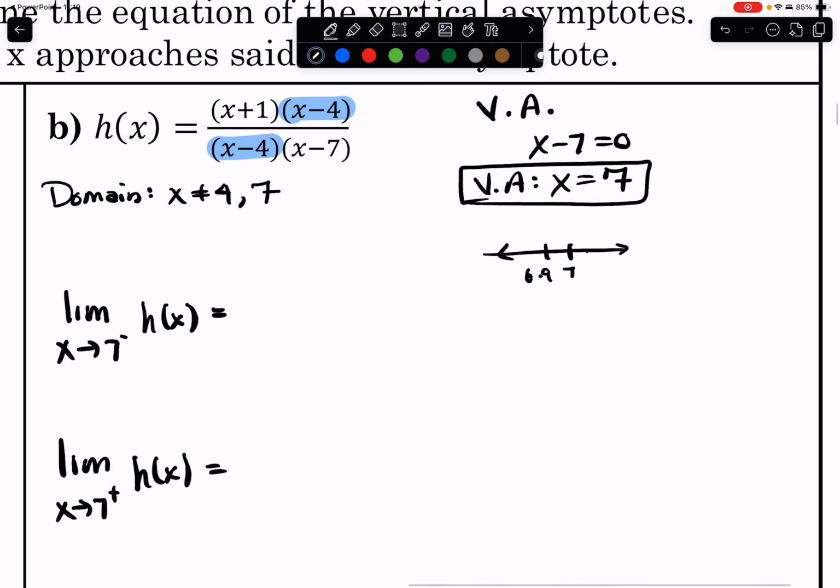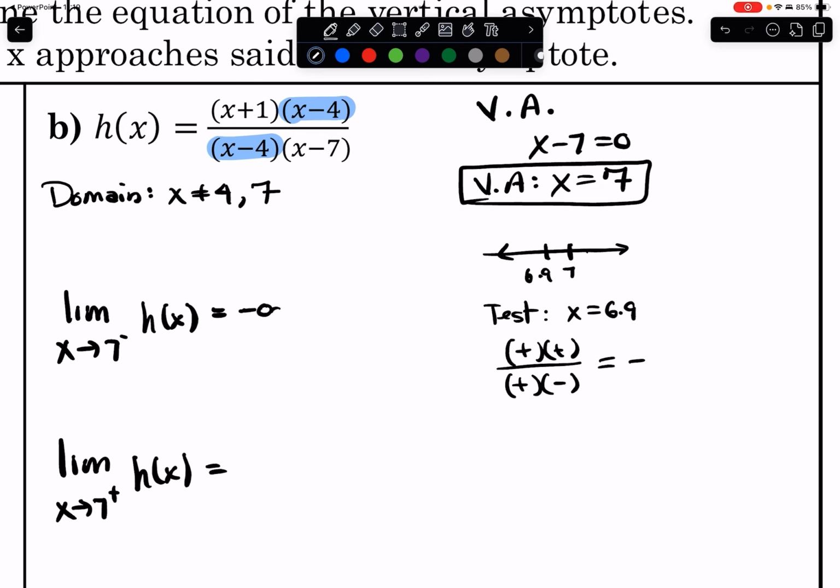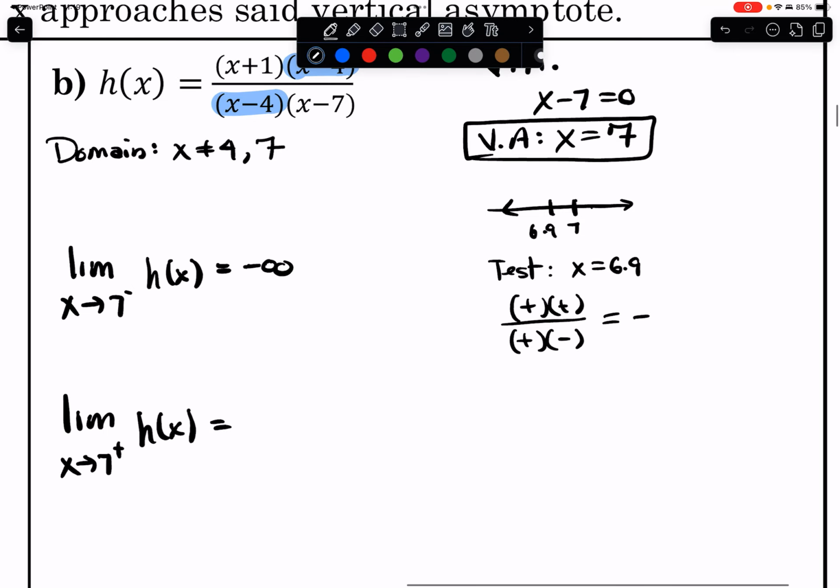So if I plug in 6.9 in all these places right here, we're going to get positive on the top, positive on the top, positive on the bottom, and negative on the last one. 6.9 minus 7 is going to end up being negative, so the entire thing is negative. So this is approaching negative infinity from the left.